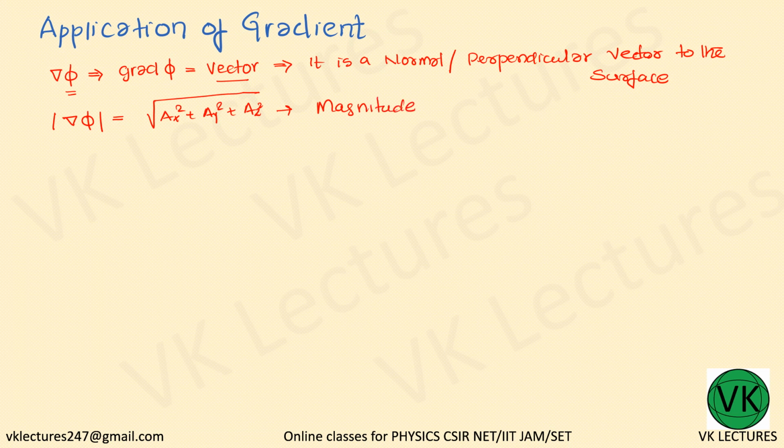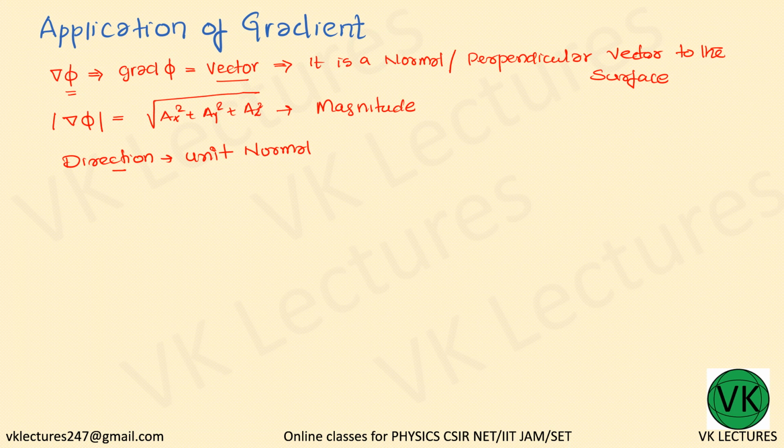Now, how to find the direction? Direction or unit normal. The direction is nothing but the unit vector. A unit vector has unit magnitude, that is why it is called a unit vector. So it gives only the direction, no magnitude.